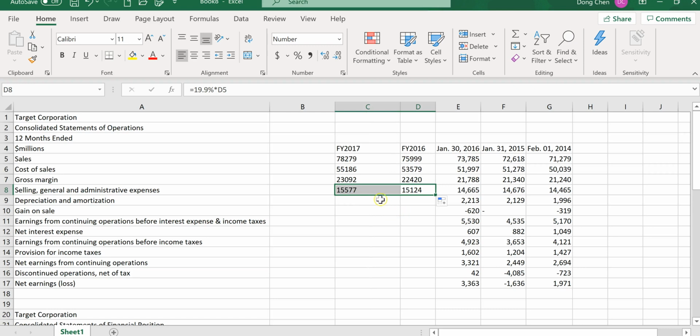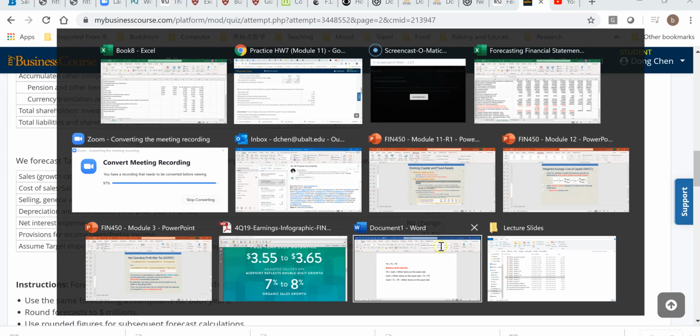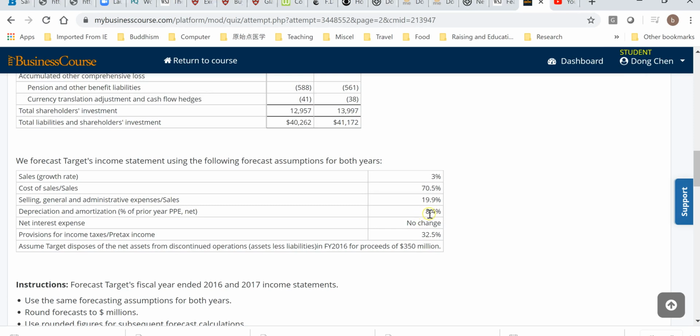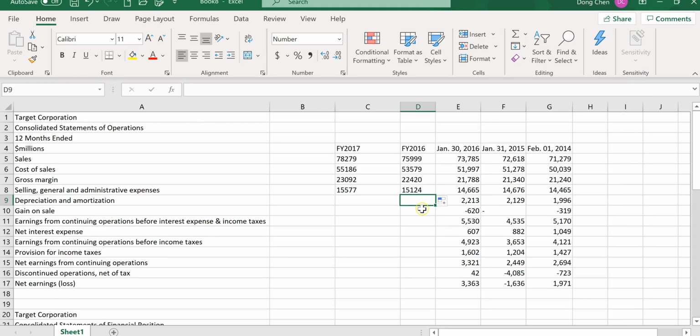On depreciation and amortization, this will be determined by 8.4% of the prior year PPE. This is prior year, so it's going to be 8.4% times the net PPE for fiscal year 2015, which is by the end of January 30th.